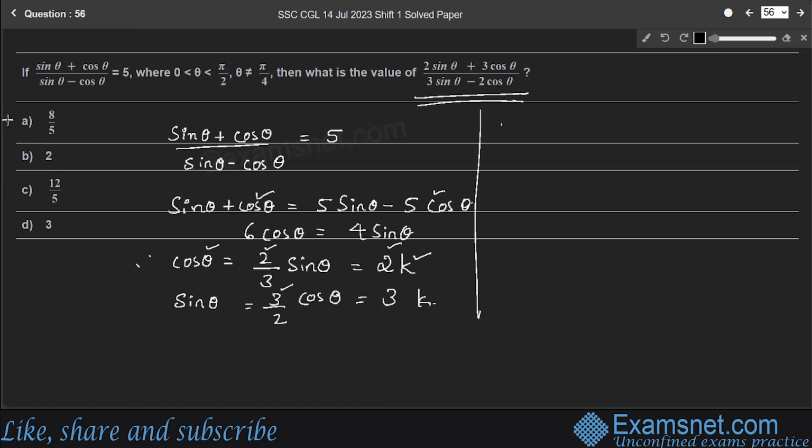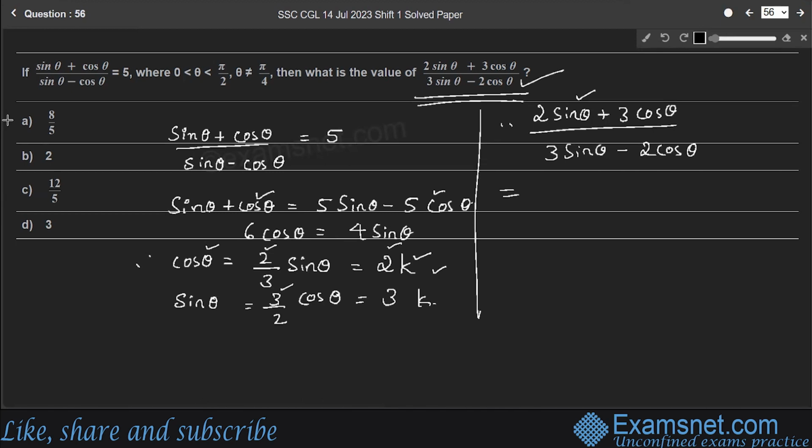Therefore, 2 sine theta plus 3 cos theta whole divided by the denominator part, 3 sine theta minus 2 cos theta, is equal to... So substitute the value of sine theta and cos theta.